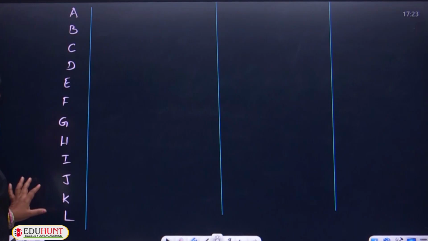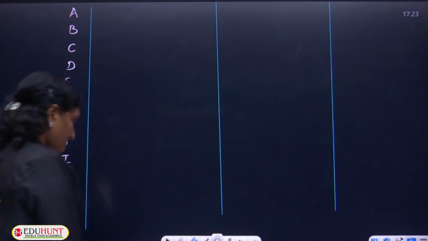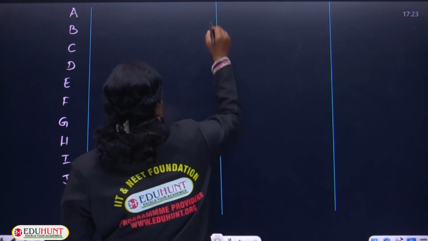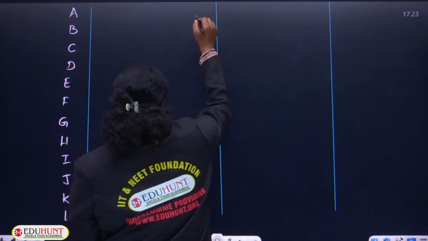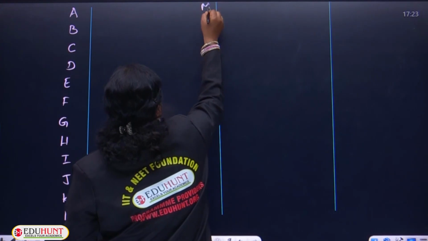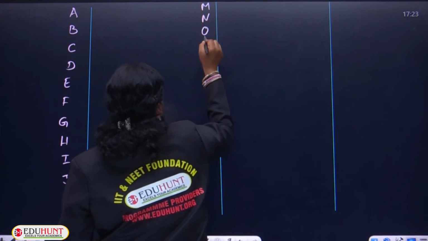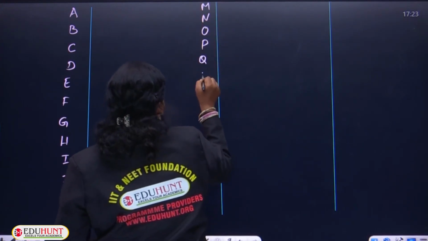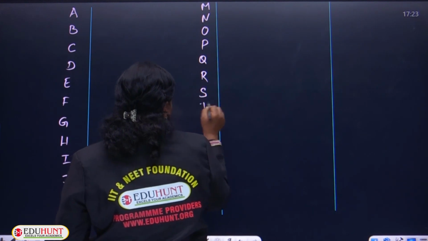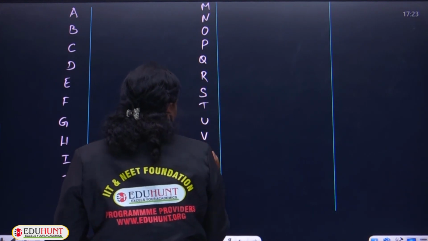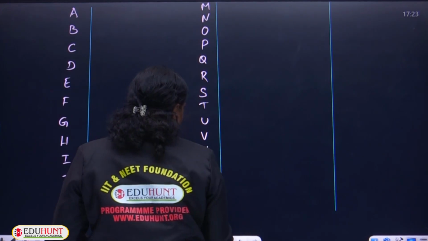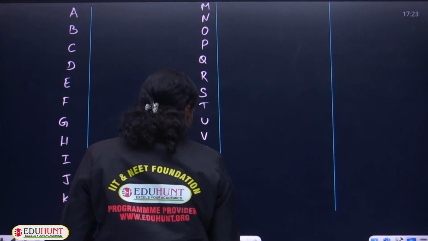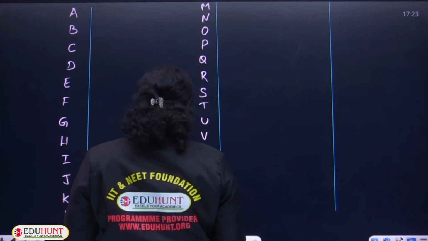So I have written a few letters, children, A, B, C, D, E, F, G, H, I, J, K, L. Let us extend our letters: M, N, O, P, Q, R, S, T, U, V, W, X, Y and Z respectively.